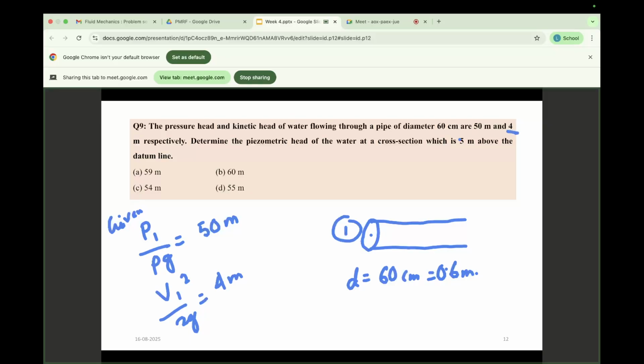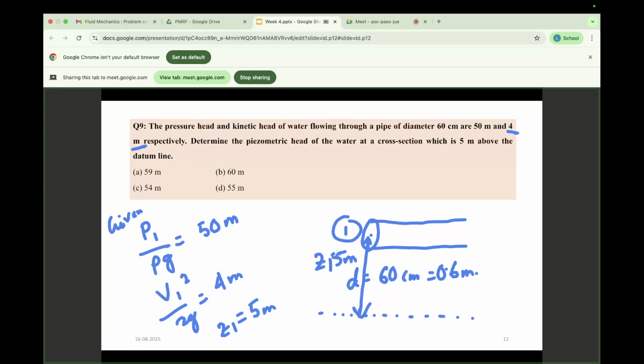It is given. And we need to determine the piezometric height of water which is 5 meter above the datum line. That means the datum line is in the ground, and this point 1 is at a distance of 5 meter. That means this is Z1. So in the question Z1 is given as 5 meter.